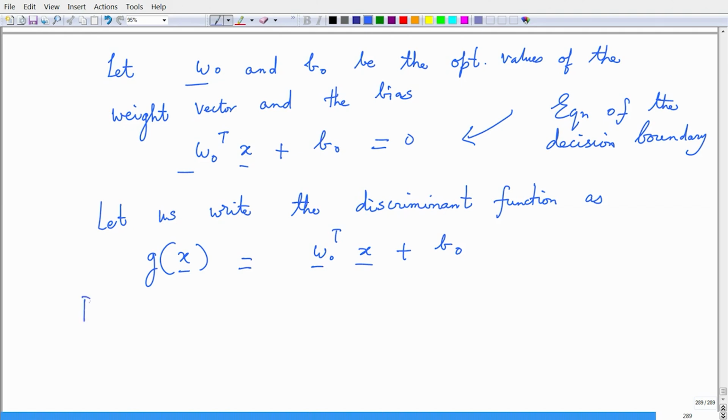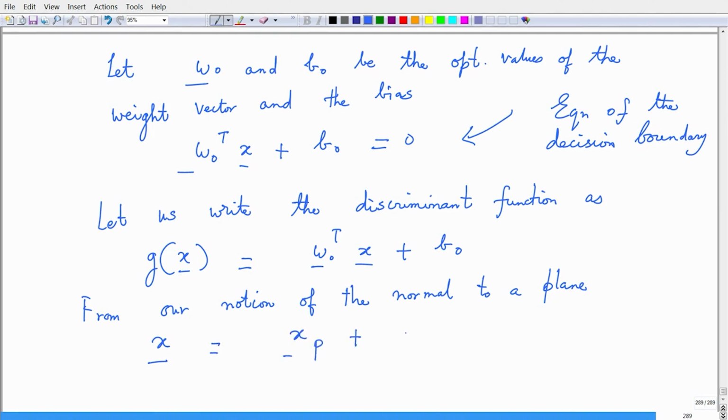Now, from our notion of the normal to a plane, from our basic coordinate geometry, any vector x can be written as xp plus r times this vector W naught upon norm W naught, right, sort of simple geometry that you can visualize here.